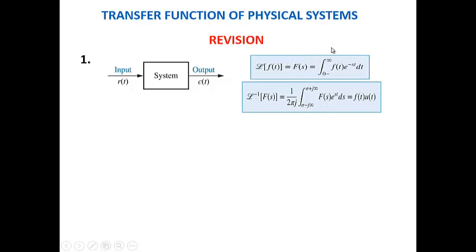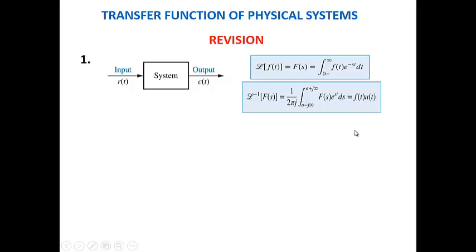and then you want to inverse it to get your f(t). You can inverse Laplace by using the equation of 1 over 2 pi j, the integration from sigma minus j infinity to sigma plus j infinity, of the function of the Laplace F(s) e^(st) over ds, and then you can get your f(t) u(t).